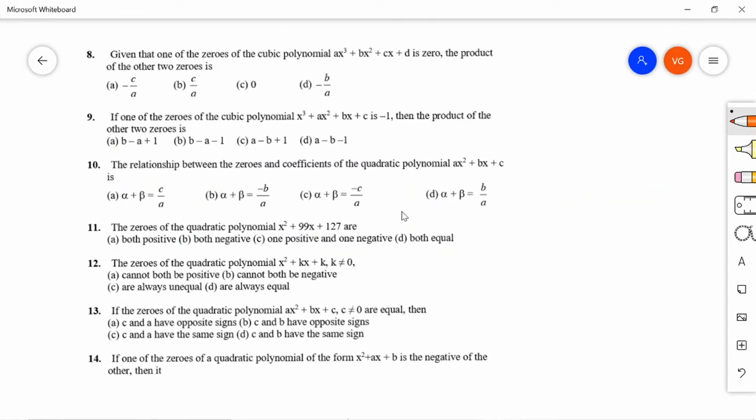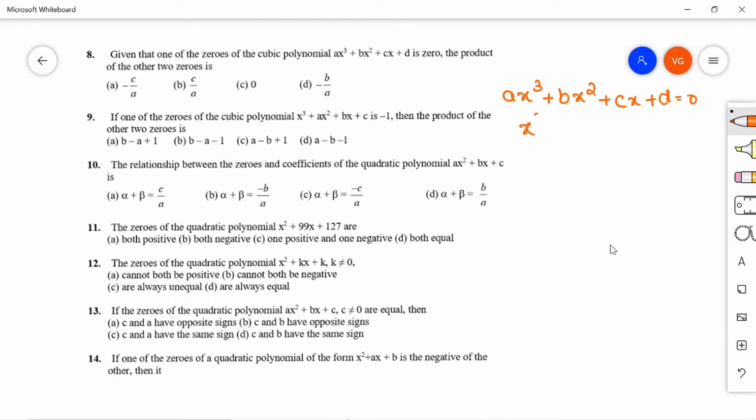Question number 9. If one of the zeros of the cubic polynomial x cube plus ax square plus bx plus c is minus 1, then the product of the other two zeros is. The standard form of the cubic polynomial is ax cube plus bx square plus cx plus d is equal to 0.